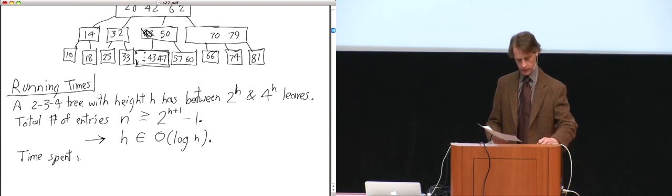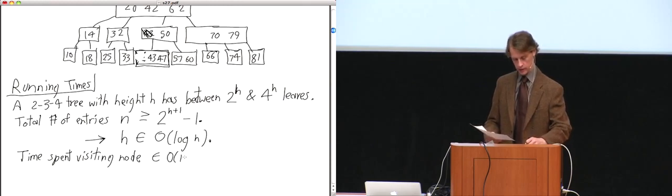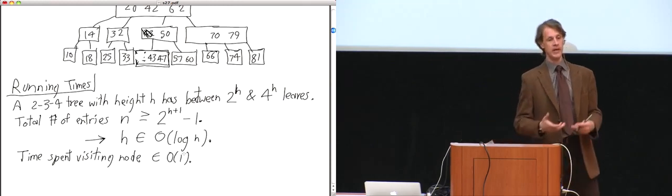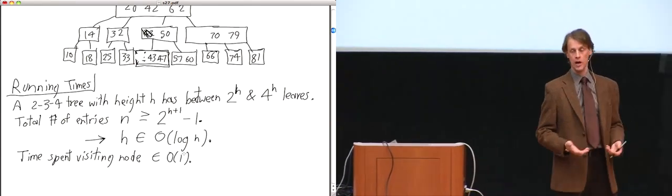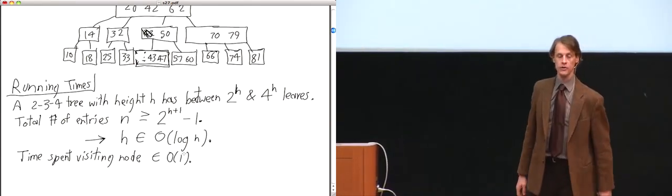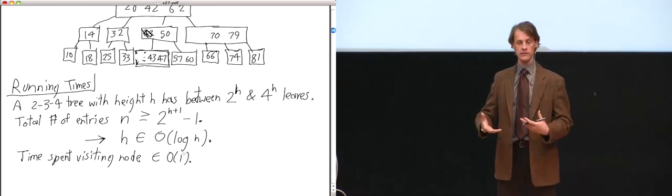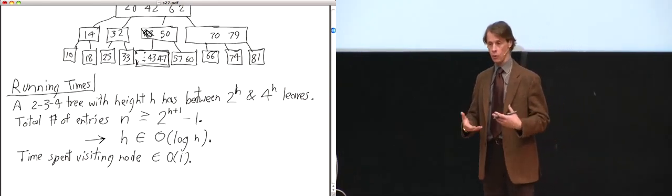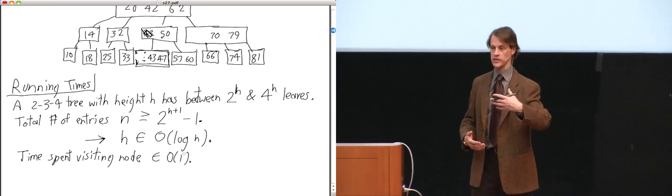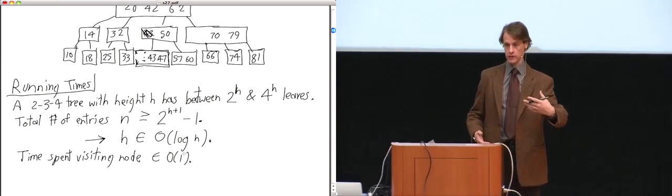The other reason why we know that is because the time spent visiting one node is in big O of 1. It might seem expensive because these fusion operations and rotation operations are kind of expensive, but even so, each of those operations only takes a constant amount of time at each level of the tree.